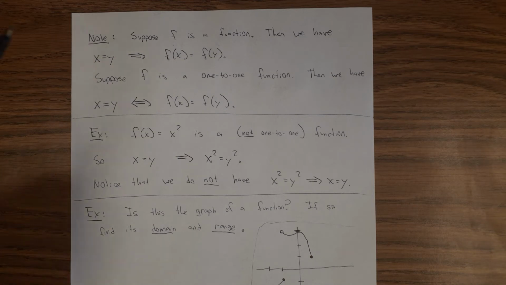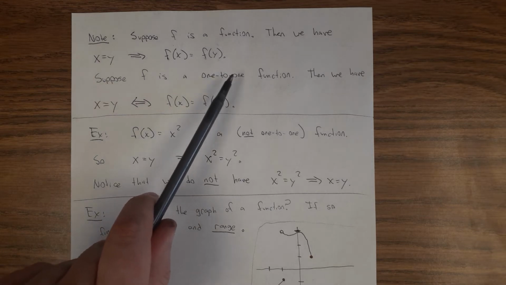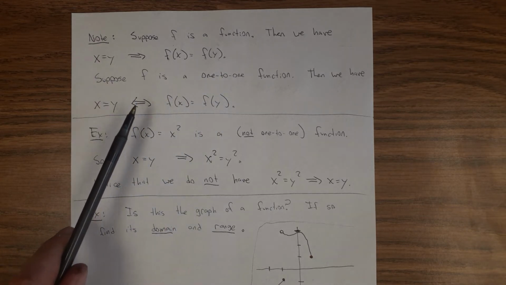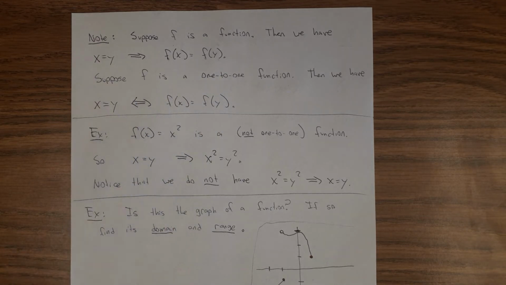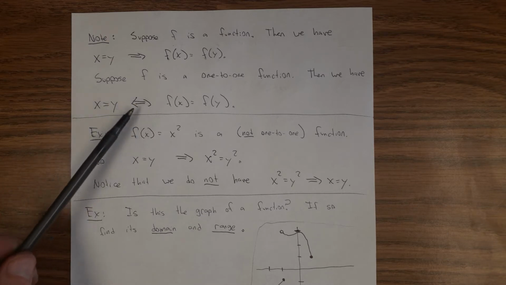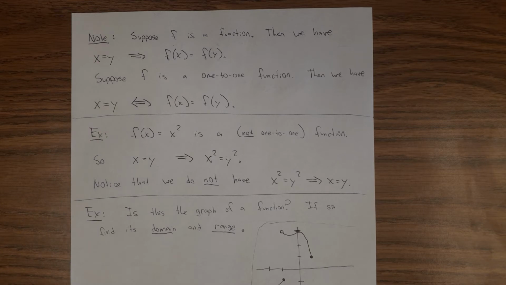Now, if f is one-to-one, then I can put a double arrow there. So that's a special property of one-to-one functions, is this is actually an if and only if.